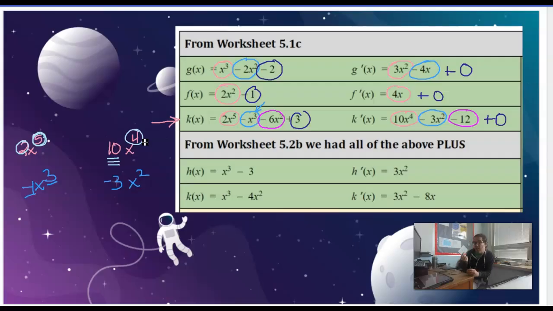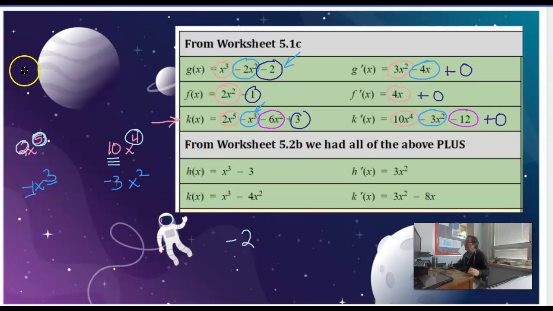I do want to talk for a brief moment about how the dark purple stuff doesn't really break the rule at all. The rule being that the power times the coefficient is the new coefficient. Oh, I should write this. I'll write it down in the next slide. And then we decrease the power by 1. What I want you to think about is this. When we have something like this negative 2 here, which I'll write in light blue so we can see it, that negative 2 is, bear with me, the same thing, there's no x's on there, right?